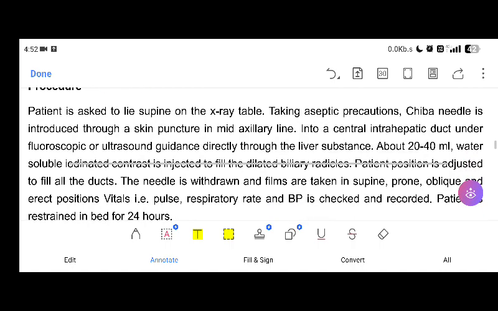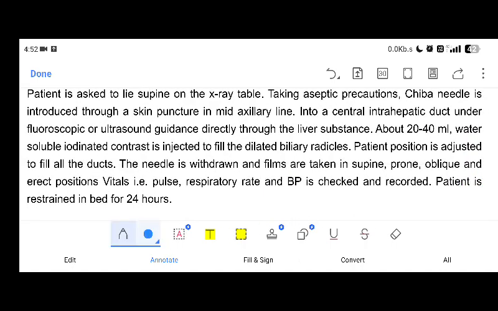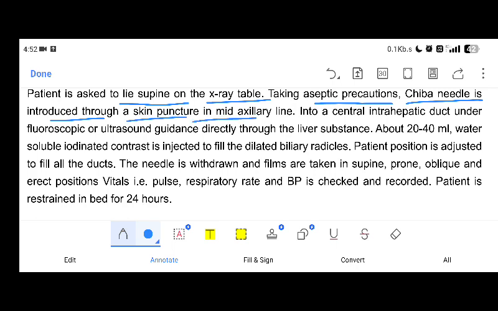The procedure: the patient is asked to lie supine on the X-ray table and, taking aseptic precautions, a Chiba needle is introduced through a skin puncture in the mid-axillary line and into the central transhepatic duct under fluoroscopy and ultrasound guidance, directly through the liver substance.